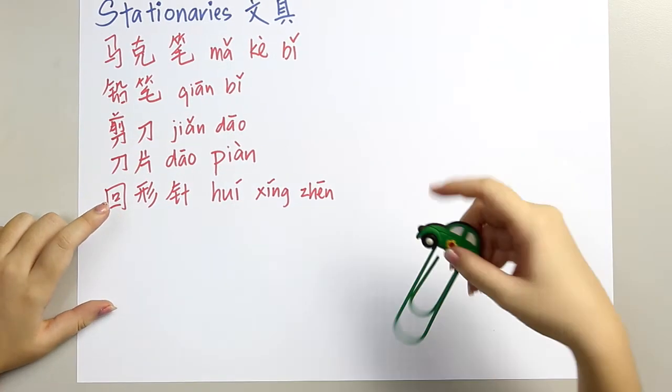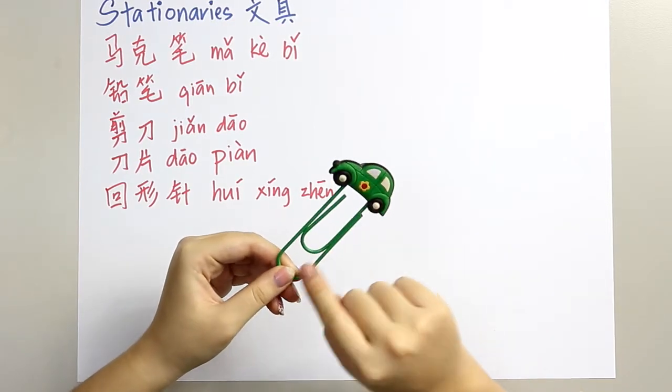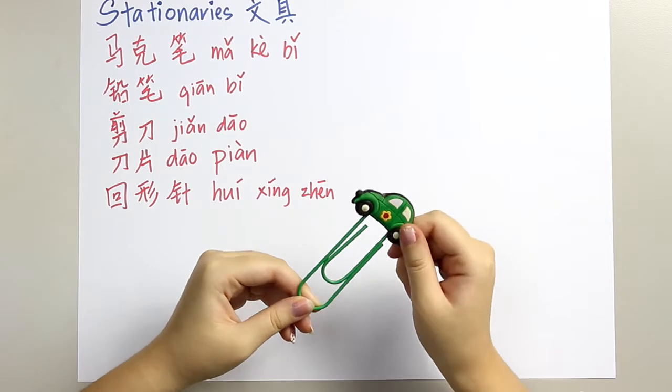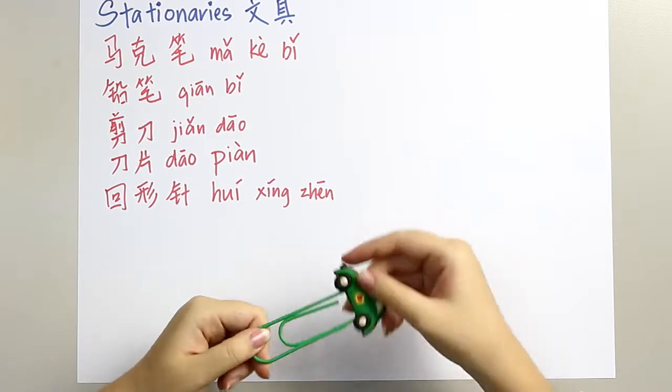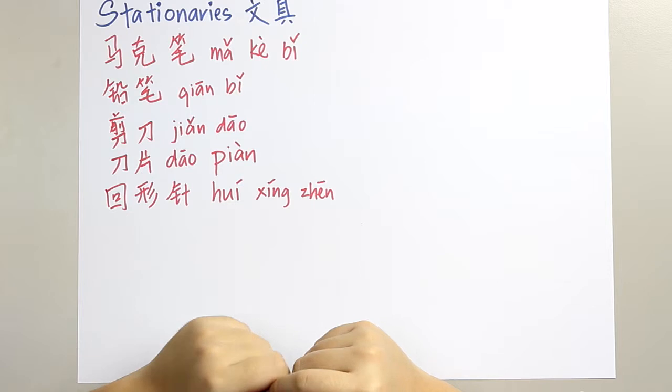So actually, as you can see on this paper clipper, it is turning around and back to the original point. So it's the same meaning as the 回. It's quite funny for the Chinese name. Actually, it's quite meaningful as well.